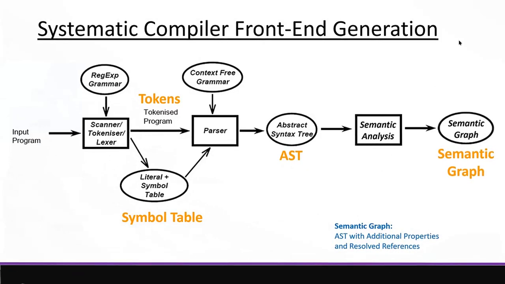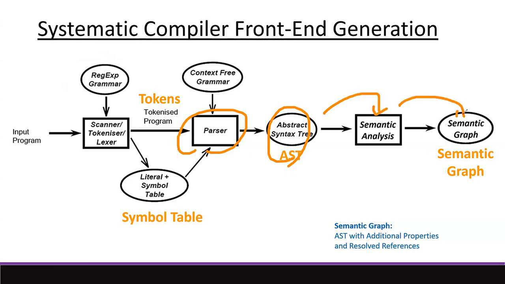Basically, again, we start from the design of the parser and the generation of the abstract syntax tree, then declaration of the syntax tree, and then creating the semantic graph.